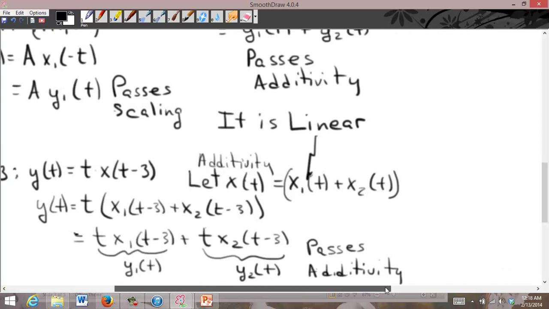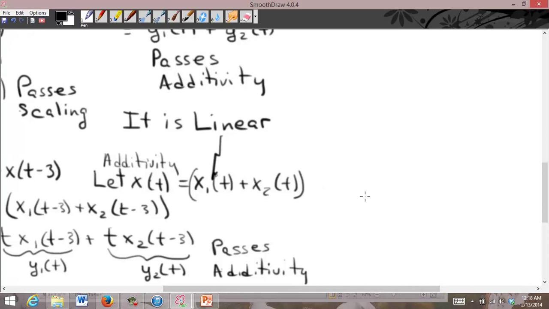Now let's move over here a little bit. To determine whether it passes scaling, again I'm going to let x of t equal a x1 of t. Again, something I see a lot of students do is they try and make this start to do the system.